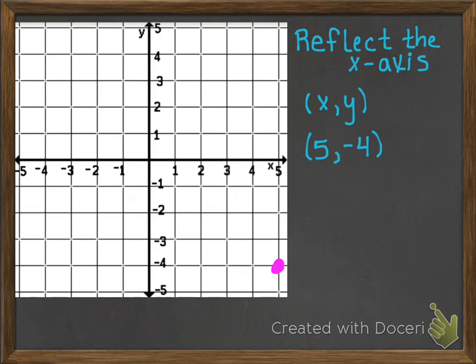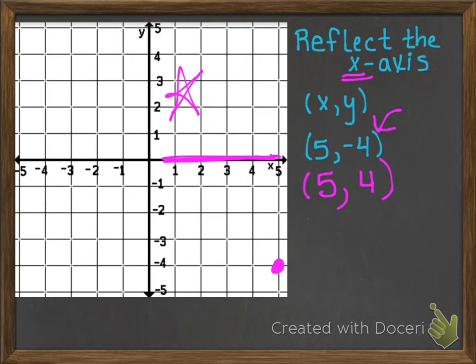If I'm reflecting across the x-axis, this is the line that I'm jumping over. That means my dot has to be up here in this quadrant. Here's what I like to do: if you're reflecting across the x-axis, you keep the same x value, but your y value becomes the opposite.